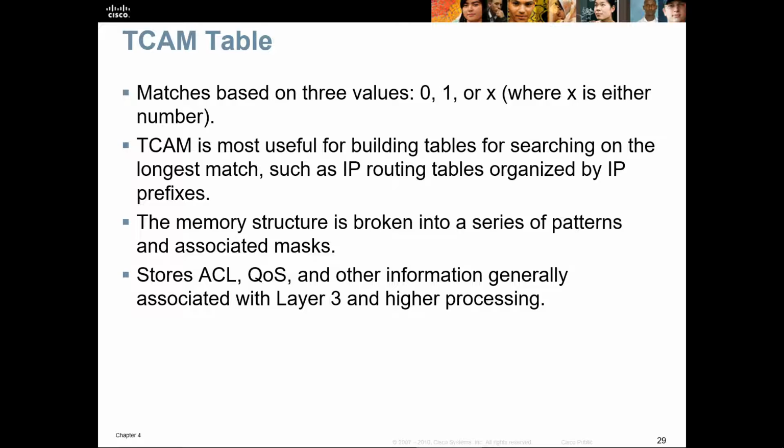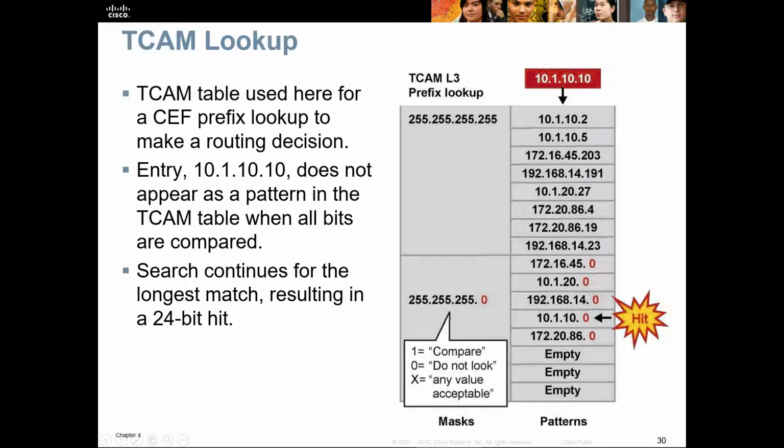Some bits of information might be too insignificant to analyze. For example, an ACL might require a match on the first 24 bits of an IP address, but not be concerned with the last 8 bits. All fun stuff for our TCAMs. TCAMs also are used for looking up Cisco Express Forwarding prefixes to make a routing decision.